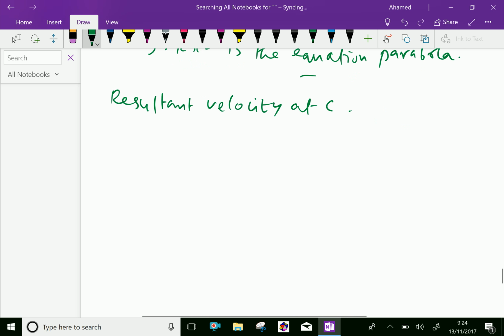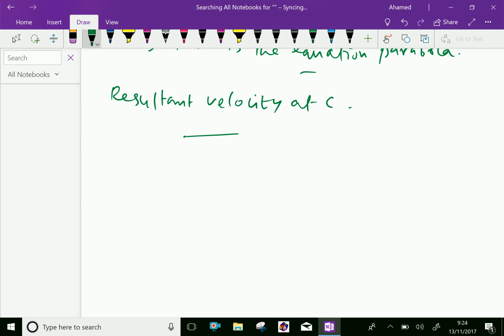Let us draw a small figure at point C. Here the horizontal velocity is u, the vertical velocity is suppose u2, and the resultant of both velocities, at angle theta from the horizontal, is here. This is the resultant velocity, suppose v.